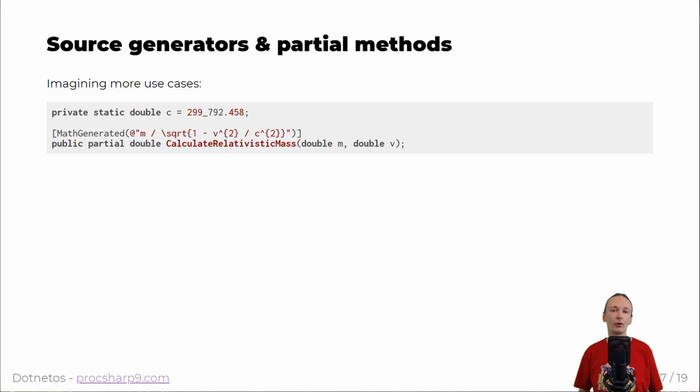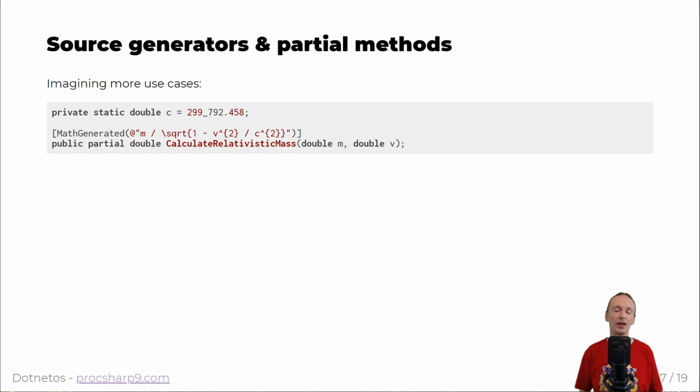So for example, going in the same direction, you can imagine that you have a source generator that will generate efficient machines for calculating given math equations. So you have a mathematical equation here to be calculated in one form or another, like here it is in LaTeX mode. It is just an equation of the relativistic mass, for example, and it now is just a declaration.